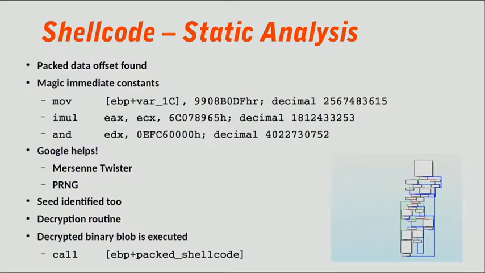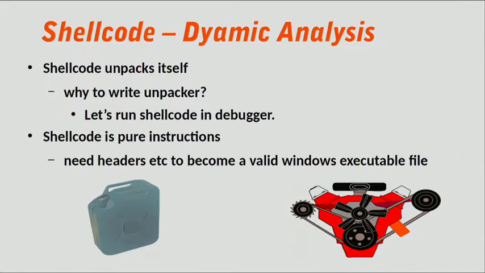And then after the malware unpacks itself or decrypts itself, this decrypted code is called. So basically, there is a call to the location which was unpacked. All right. So that was just looking at the shellcode.